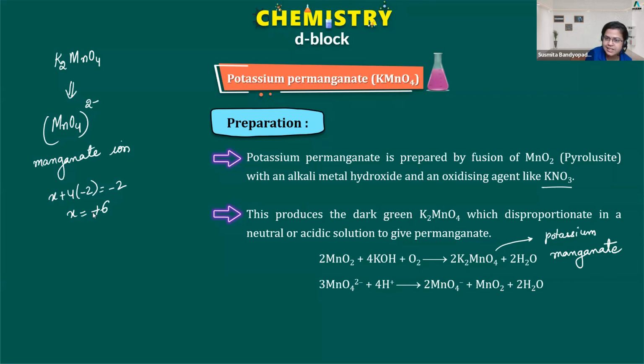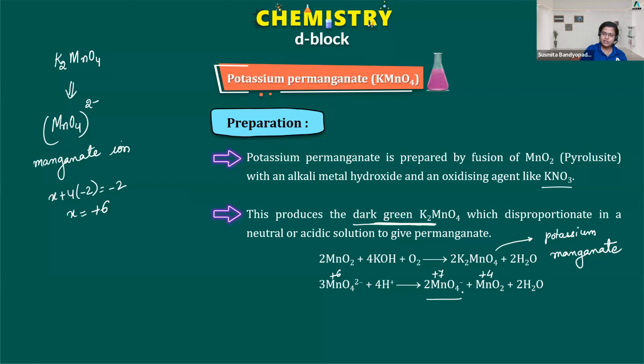What is its color? Written here: green, dark green. This dark green manganate, not permanganate, manganate, will disproportionate in acidic medium. So +6 will disproportionate into +7 and +2. I'm sorry, +4. Manganate will disproportionate into permanganate and MnO2. Dark green, very good.